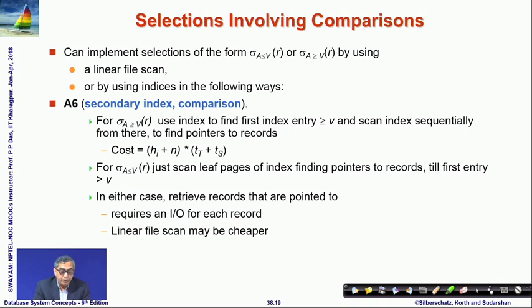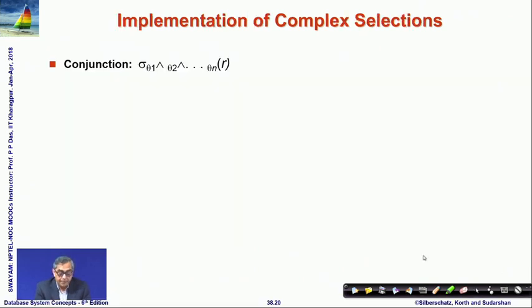So, in either case, retrieving records that are pointed to requires I/O for each record, because they are on a secondary index. So, they are not necessarily consecutive and residing on the same blocks. They may be all distributed across different blocks, and in such cases it may turn out that actually doing a simple linear scan may be cheaper.